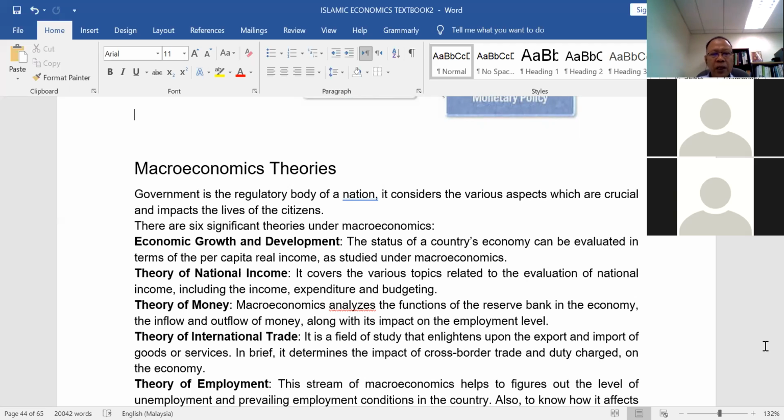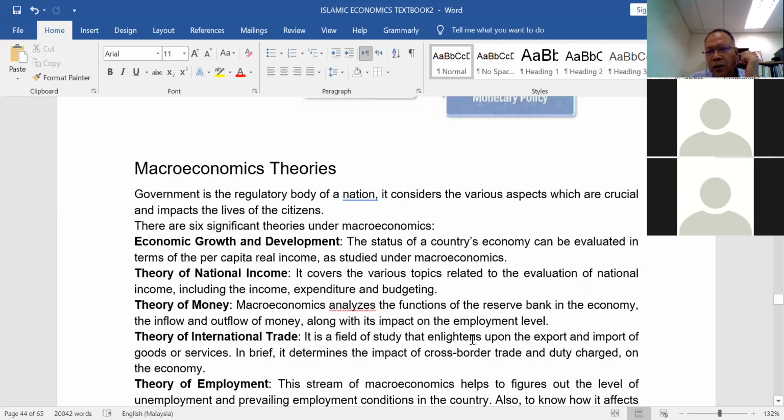And then theory of money. Macroeconomics analyzes the functions of the reserve bank in the economy, the inflow and outflow of money, along with its impact on employment. And then it also includes the theory of international trade.